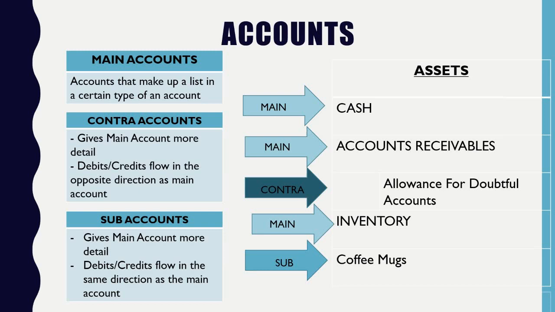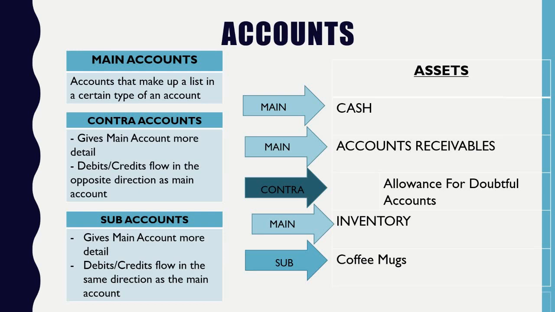So my main account is an overall broad account. I have inventory, and if I want to break down my main account even further, I would create a sub account. So again, sub accounts just break down the main account and give it more detail, and these details give more detail to the actual account type.